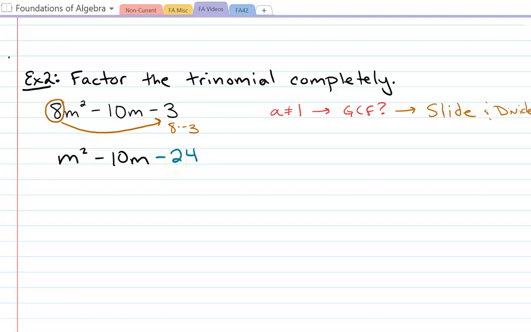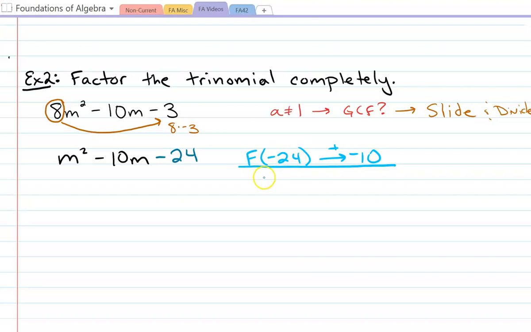And now we're right back to where we were in our previous section. So we find the factors of negative 24 that add to negative 10. Okay, and it's factors of negative 24, so they need to multiply to get a negative. So one of the factors has to be a negative and the other factor has to be a positive.